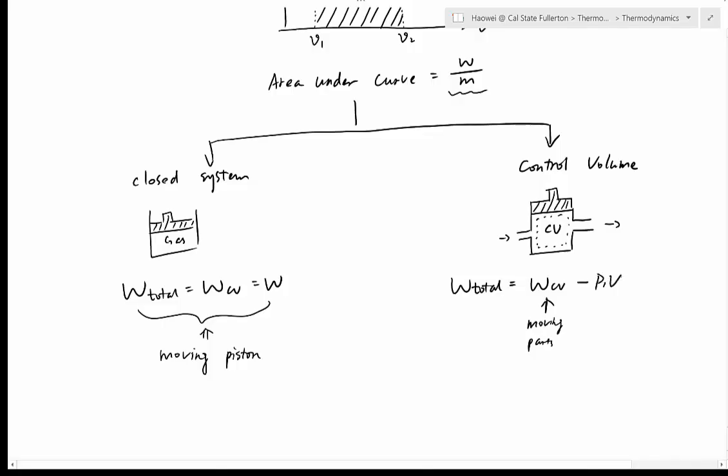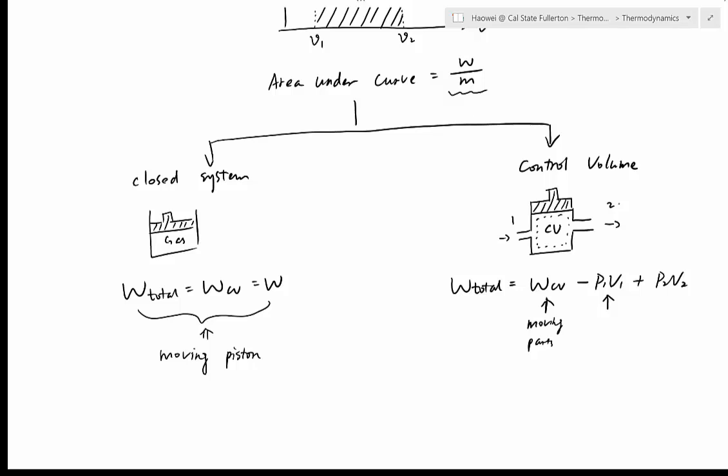Minus P1V1 plus P2V2. What are they? P1V1: remember at the inlet, number one, what you do is you use the high pressure to push the fluid inside the control volume. If you push the fluid into the control volume, that's consuming work. The control volume will consume work.